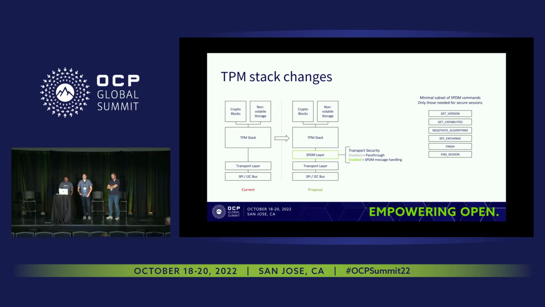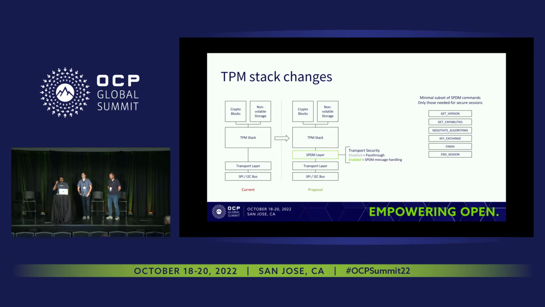As was called out earlier, we are trying to be minimally disruptive. So for the most part, there are little to no changes to the TPM stack. We are going to have a shim SPDM layer between the TPM software stack and the physical transport layer. And 99.9%, both the TPM stack and the transport layer do not know about the existence of this SPDM layer, except for something called policy transport security, which we'll get to in a bit.